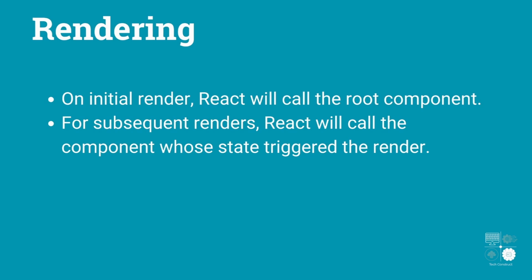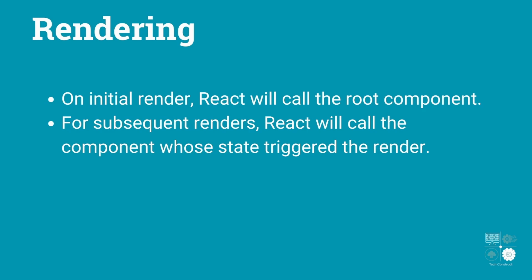This is a recursive process. What that means is, if the updated component returns some other component, React will render that component next. And if that component also returns something, another component, it will render that component next. And this pattern continues until there are no more nested components and React knows what all to display.